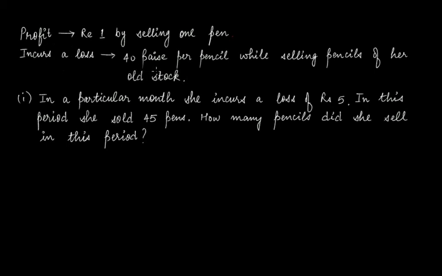That means that in this month, whatever month it is, suppose the number of pencils sold, let's take it as X, or no need to take X, just write it like this: number of pencils sold.